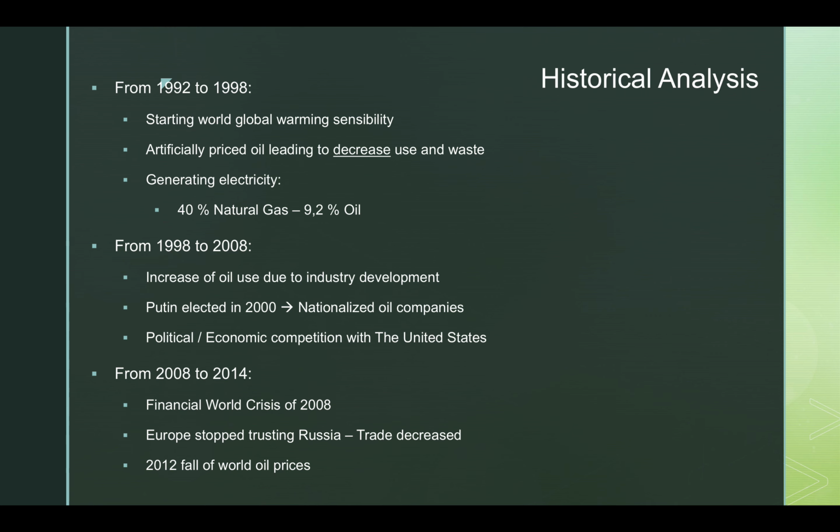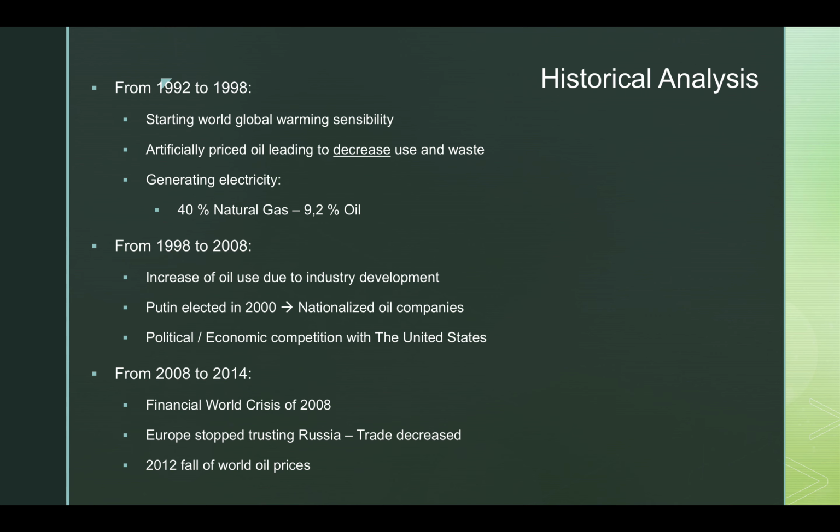The last important point is that generating electricity during this period was mainly done by natural gas, which represented 40%, and oil had only 9.2% of the electricity generation.